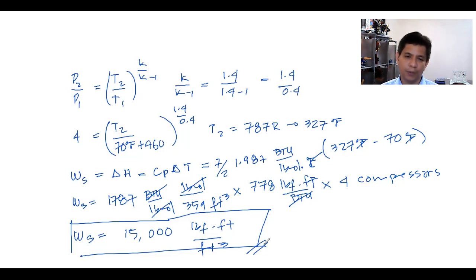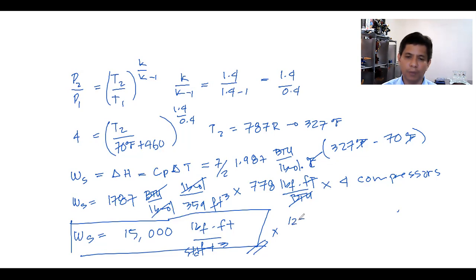So, yung susunod, yung horsepower, basically ang gagawin lang natin is, di ba may given naman na cubic feet per minute. So, yung WS, i-multiply niyo lamang ng standard cubic feet per minute. This is standard cubic feet. So, i-multiply niyo lamang to ng what is given is 125 standard cubic feet per minute.